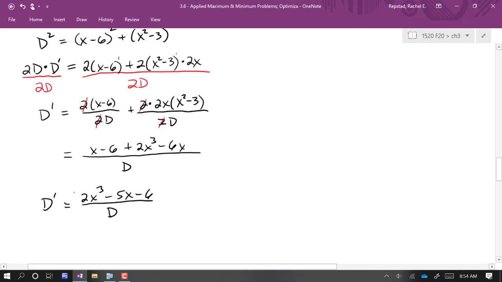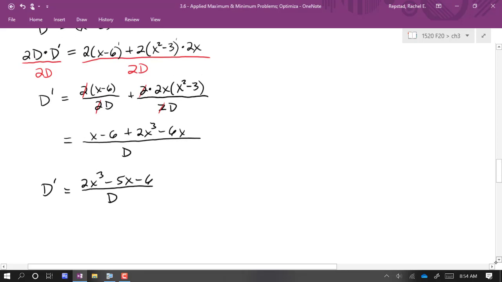There's not really an easy way to solve a cubic like we do with quadratics. So I'm going to use the calculator to help me solve this. So d prime equals 0 implies that 2x cubed minus 5x minus 6 is equal to 0.